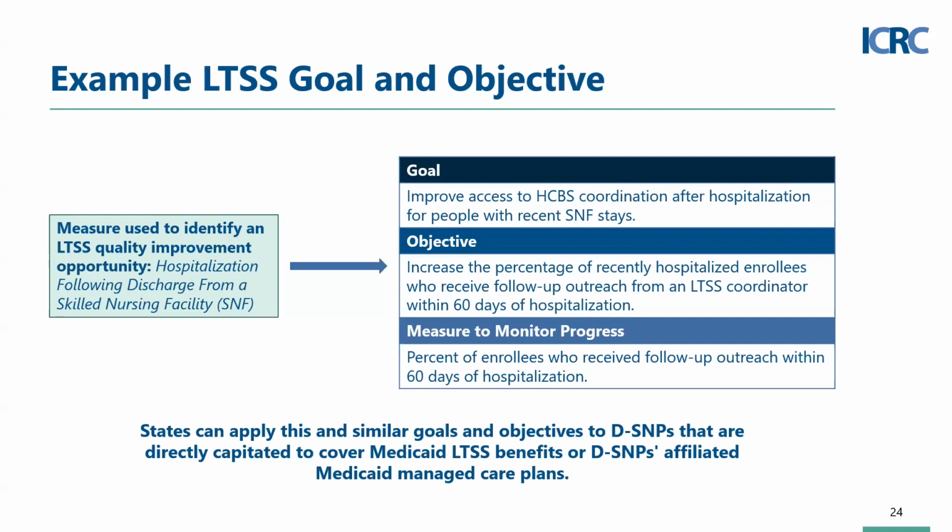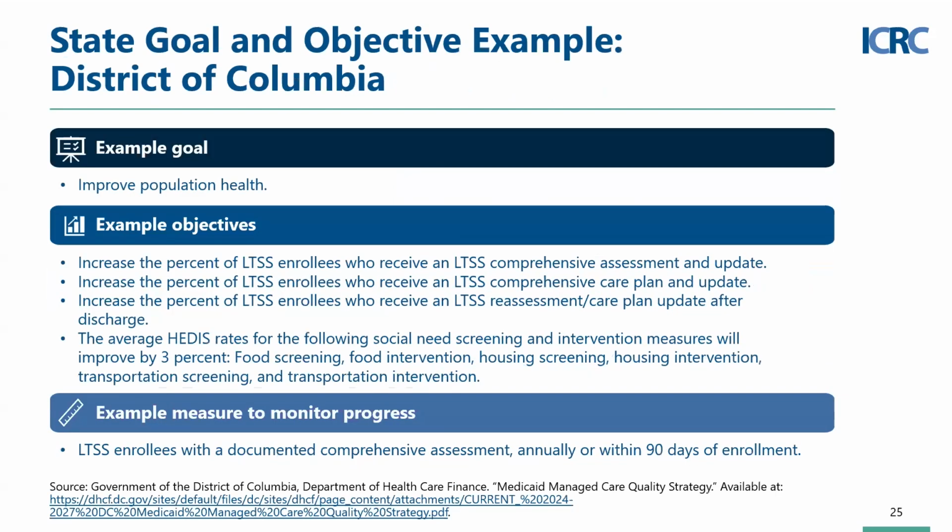Slide 25, please. In this slide, we show an example LTSS related goal and objective from the District of Columbia's quality strategy. Under a goal to improve population health are objectives to increase the percentage of LTSS enrollees who receive an LTSS comprehensive plan assessment and update, an LTSS comprehensive care plan and update, and a reassessment and care plan update after discharge.